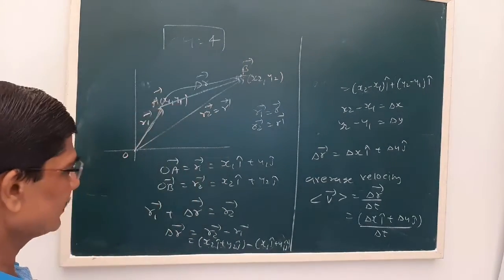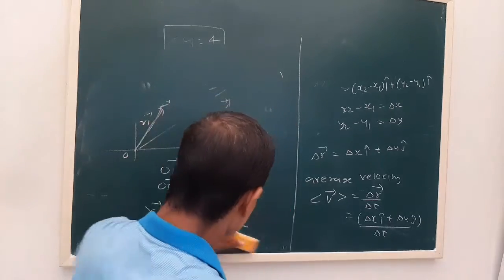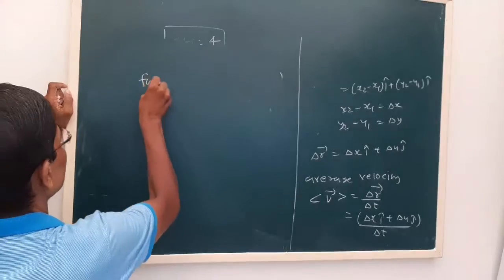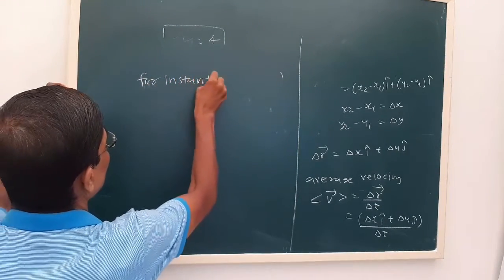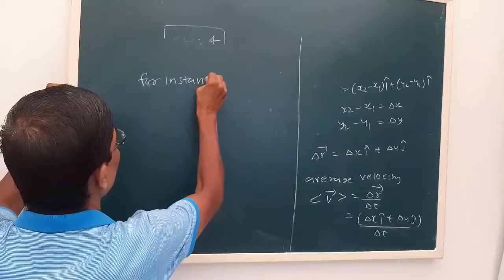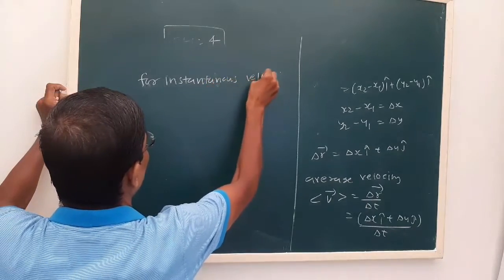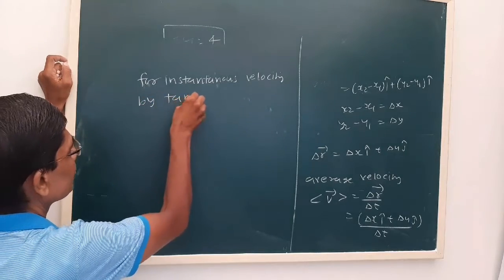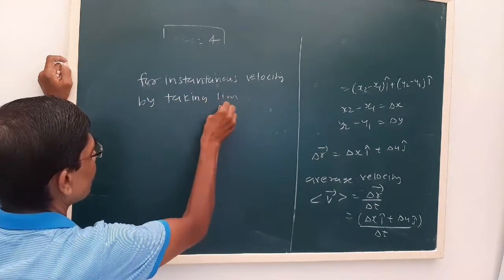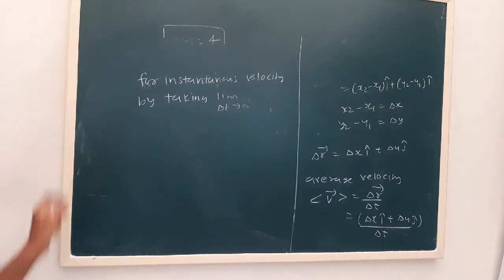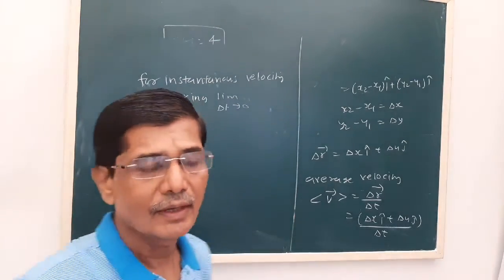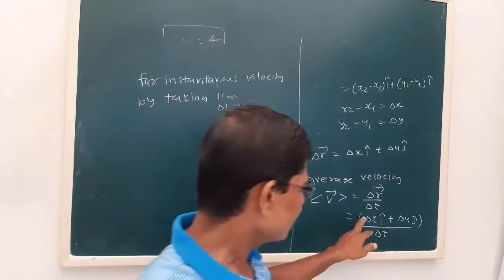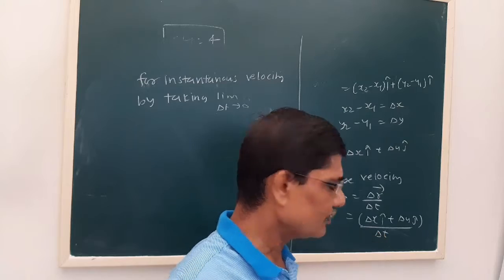Now see, for instantaneous velocity we have to take the derivative, by taking the limit delta t tends to 0. Right now we have written in terms of the average velocity, this delta r by delta t. See, delta r is the displacement vector. This is delta x i plus delta y j caret upon delta t.